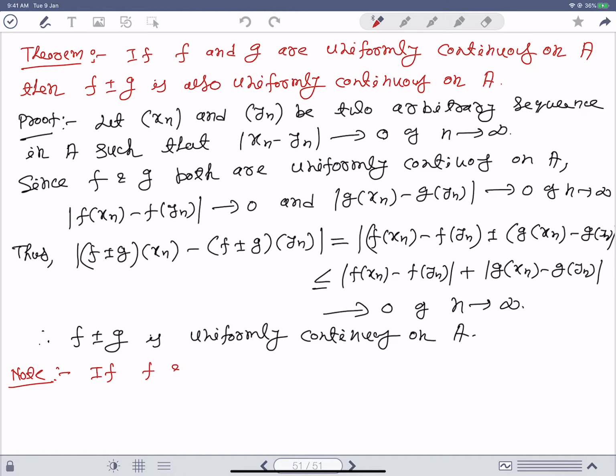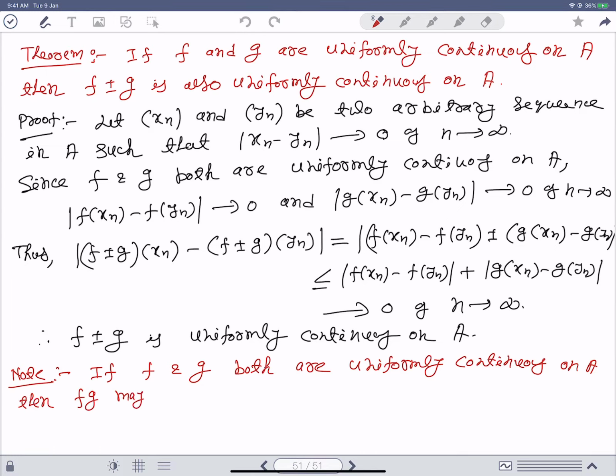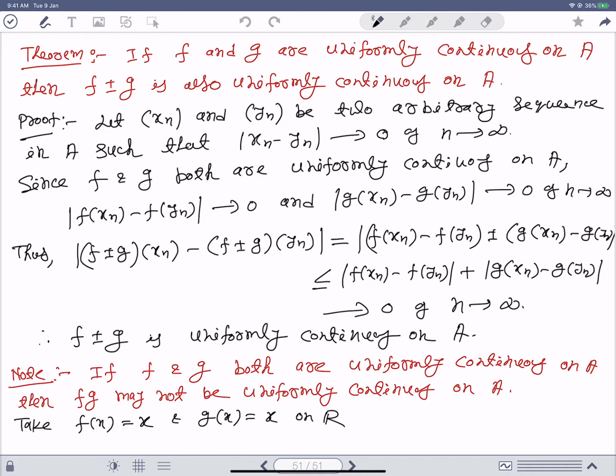If f and g both are uniformly continuous on the domain A, then the product fg may not be uniformly continuous on the domain A. For an example, you can take f of x equal to x, and also you can take g of x equal to x on R. We know that f of x equal to x, the identity function, is uniformly continuous on R, but f into g, which is f of x equal to x square, is not uniformly continuous on R.